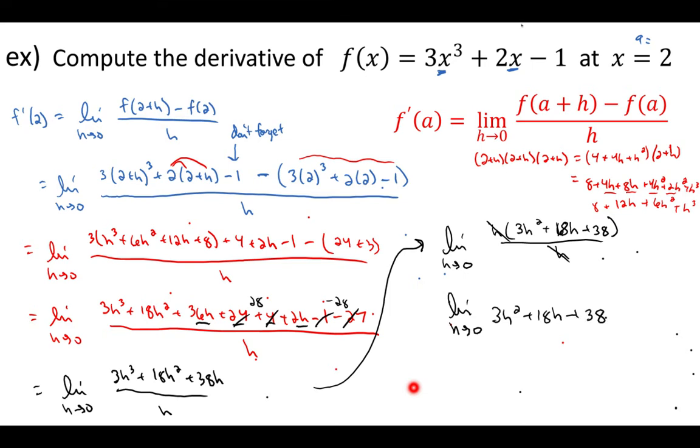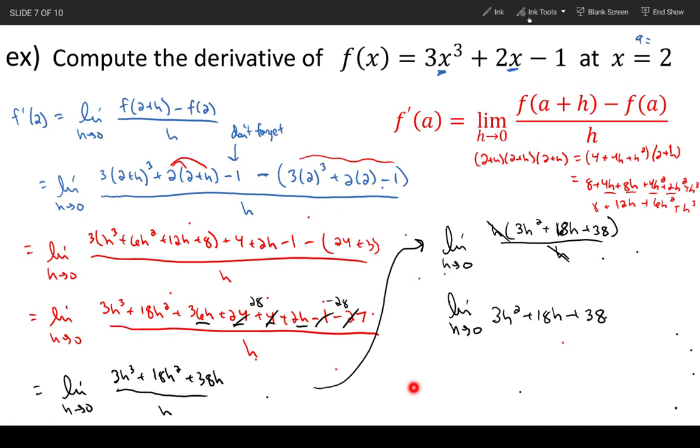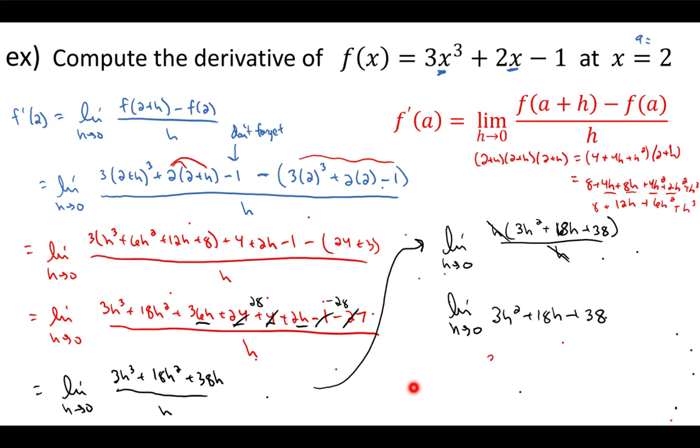We can now plug in h because we've gotten rid of the denominator. So this becomes 3 times 0 squared plus 18 times 0 plus 38. 0, 0, 38 gives you 38. So that is the slope of the tangent line at 3x cubed plus 2x minus 1 at x equals 2.